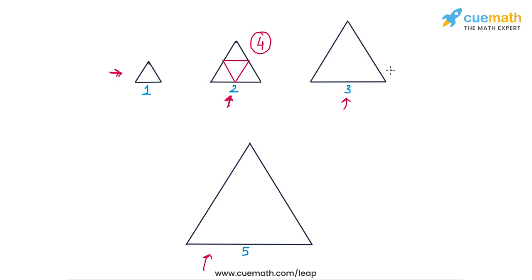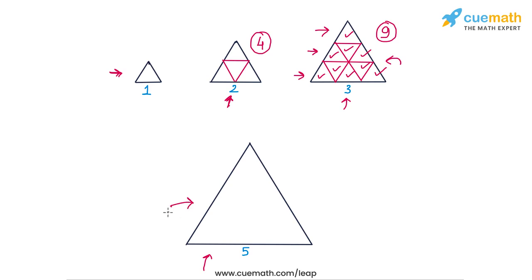Similarly, how many equilateral triangles of side 1 can fit in this triangle of side 3? Well, once again, do the same thing. Here's how you can fit 9 equilateral triangles of side 1 in this equilateral triangle of side 3, and you get basically 3 rows. So you have triangle 1, 2, 3, 4, 5, 6, 7, 8 and 9. And now that brings us to this fourth equilateral triangle of side 5.